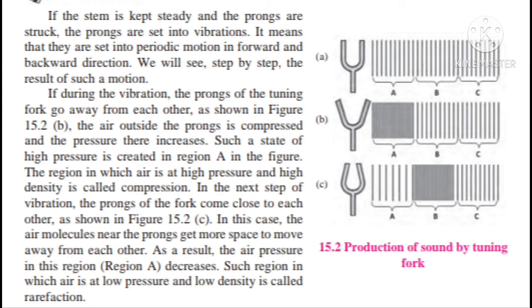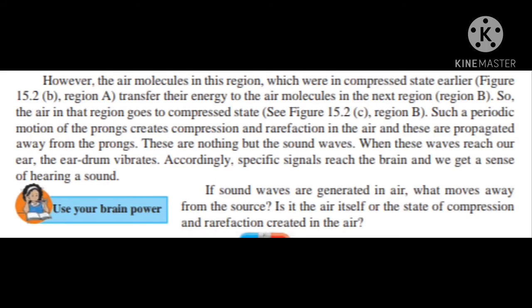However, the air molecules in region A, which were in compressed state earlier in figure 15.2b, transfer their energy to the air molecules in the next region, region B. So the air in that region goes to compressed state, as we can see in figure 15.2c, region B. Such a periodic motion of the prongs creates compression and rarefaction in the air, and these are propagated away from the prongs.